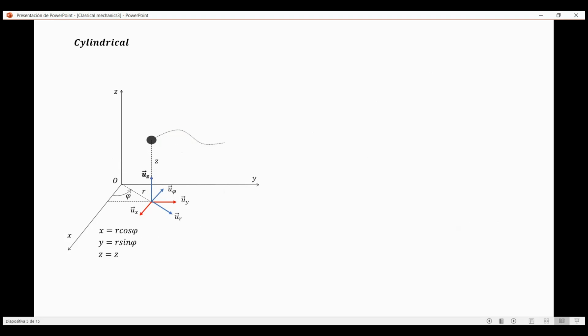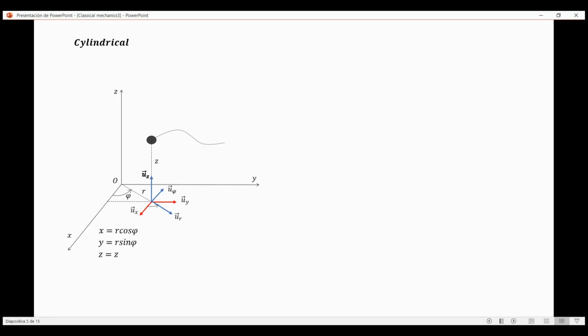Ur in the direction where r increases, u phi in the direction where phi increases and perpendicular to ur, and uz in the direction where z increases, and it is the same vector as the Cartesian uz, because z is the same coordinate, it doesn't change from Cartesian to cylindrical coordinates.